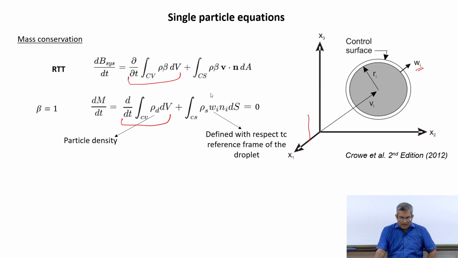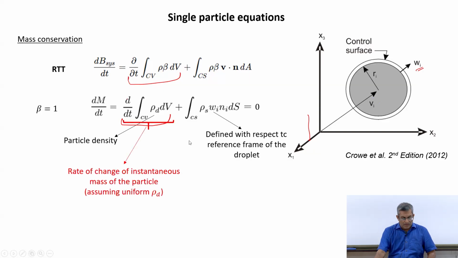Okay. Now, as I said, this velocity W is defined with respect to the reference frame of the droplet. Then this term, the first term, refers to rate of change of instantaneous mass of the particle. Assuming that the density is not varying within the particle, density is the same throughout.